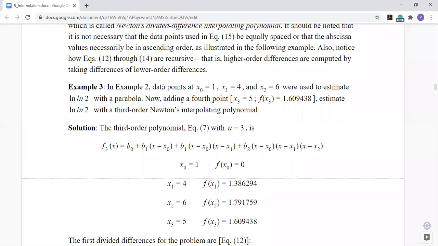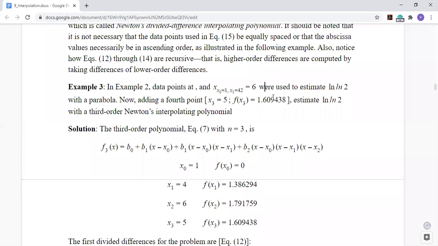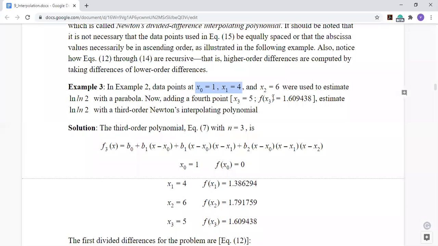So in this question, how many points are we given? 1, 2, 3, 4. We are given 4 data points, so we can use a third order polynomial. Since we have 4 data points, we are going to be much more accurate.